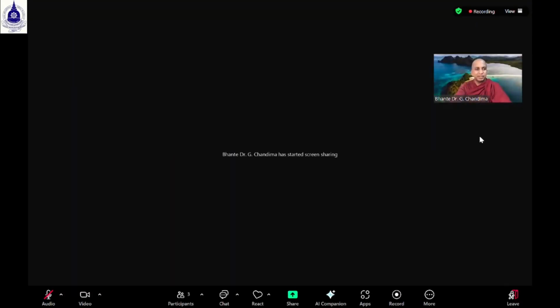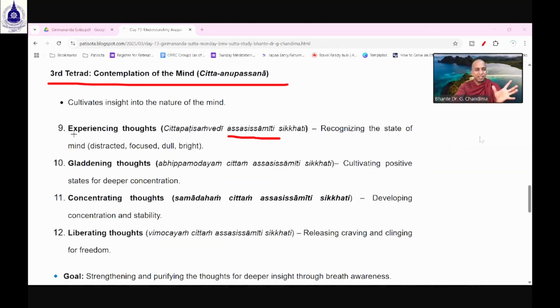The moment that person creates a separation from the activity, the person is creating a certain sakkaya ditthi, and that sakkaya ditthi will become a certain other problem. Okay, now in the first stage, the meditator feels that, okay, akusala, kusala, akusala, kusala thoughts are there. Then what happened? Abhippamodayam cittam.